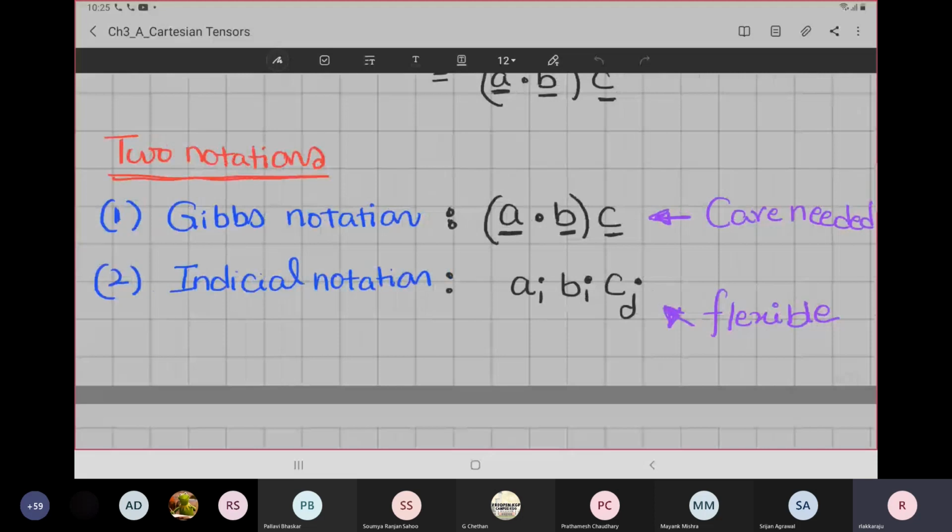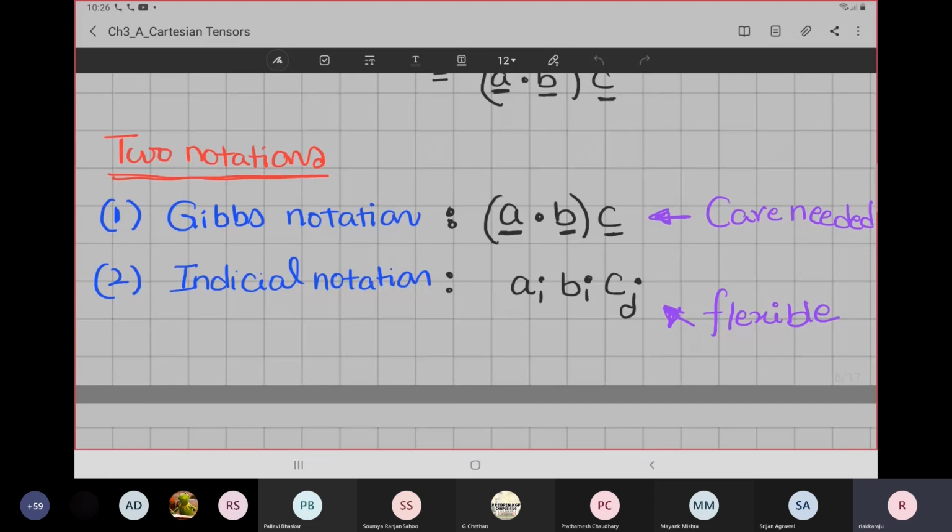I'm not saying that Gibbs introduced them, but Gibbs collated all these things to clarify and simplify them. That really accelerated science in terms of notation. That is what we call Gibbs notation.